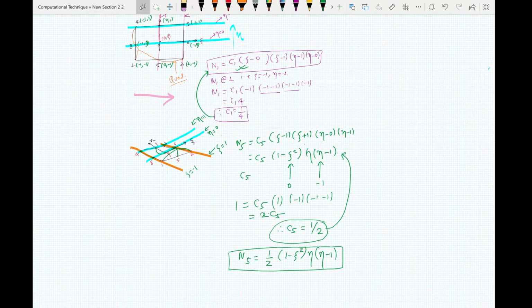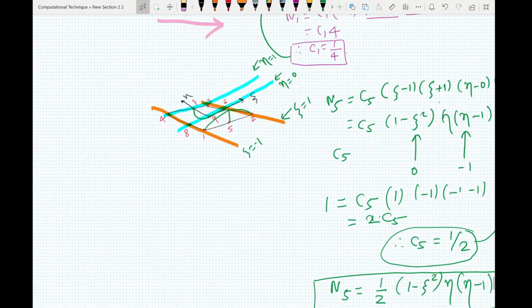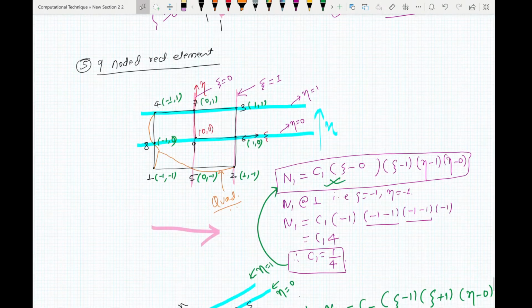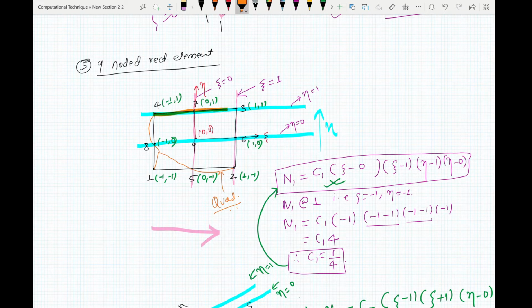Let's try to find n9 here. So for n9, you can see here that, let's draw it here, it should be 0 along this line, this line, this line, and this line. So along the boundaries it must be 0. So you can directly write n9 equals c9, then you'll have this equation here, xi minus 1, xi plus 1, eta minus 1, and eta plus 1.